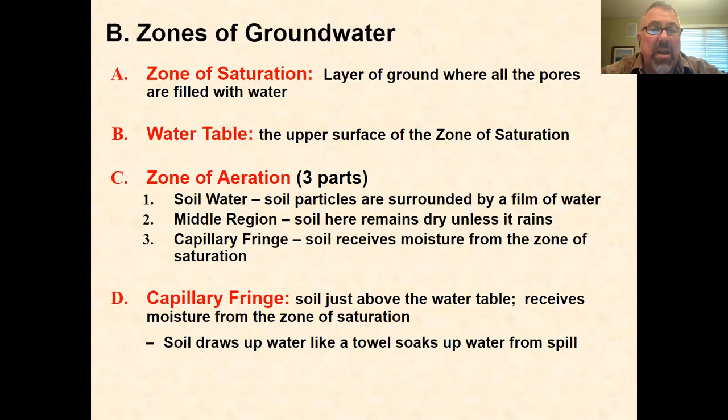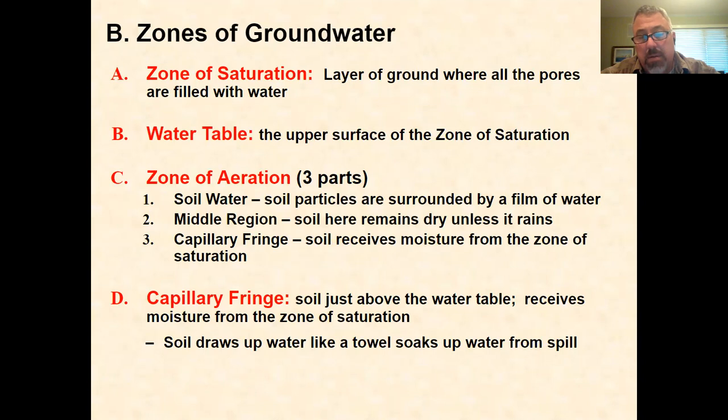So when it rains or we have precipitation, the water hits the ground and the water's got to go somewhere. It could go into the river or into the lake or a creek, or it goes into our ground. As it goes through our ground, the first area is called the zone of saturation.